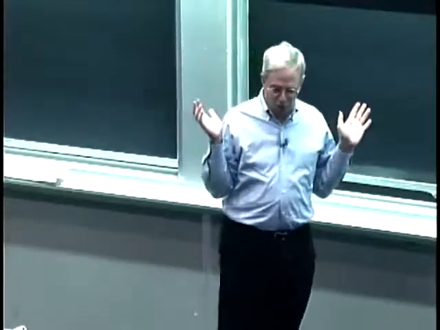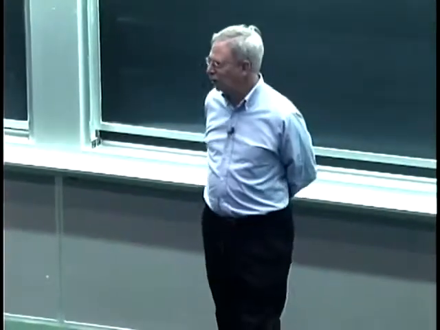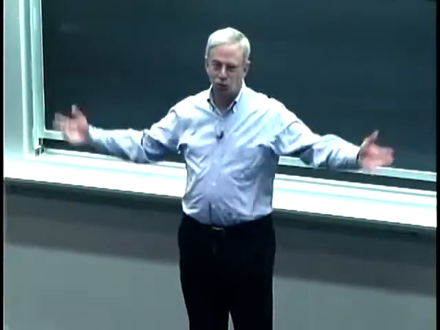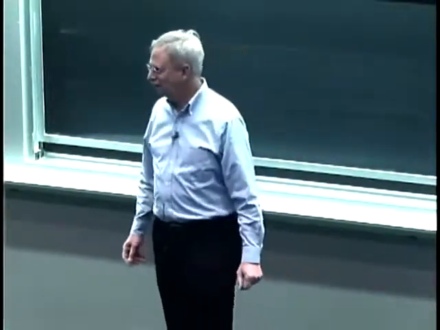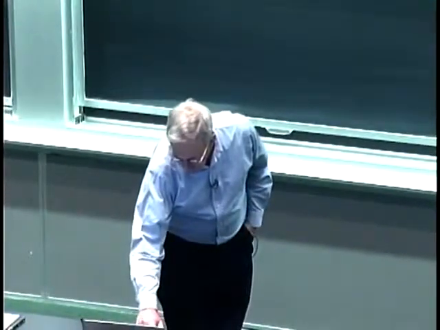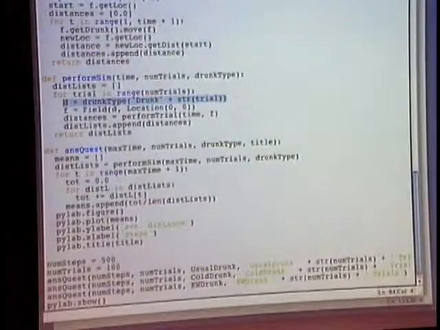If I answer question instead of something like usual drunk or cold drunk or EW drunk, I pass it float or int, the world will come crashing down around my head. But I haven't. So you'll see down here, I pass it num steps, number of trials, and usual drunk, which is the name of a class. Any questions about this?